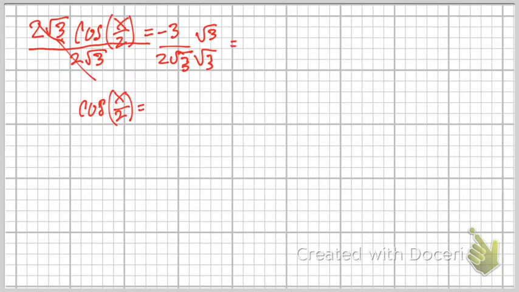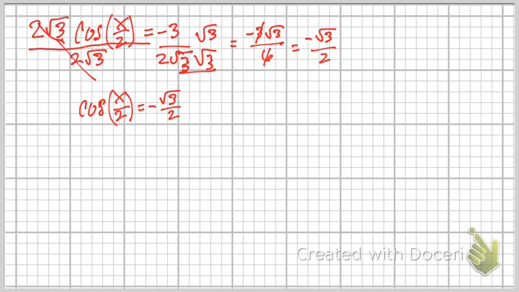This is going to equal -3 square root of 3 over, that would be 3 there, so that would be 6 altogether on the bottom, and these would simplify here. So this would be negative square root of 3 over 2. So that's what I'm going to write here.